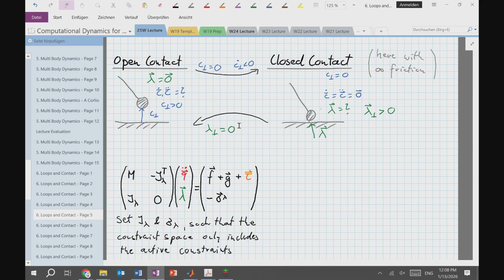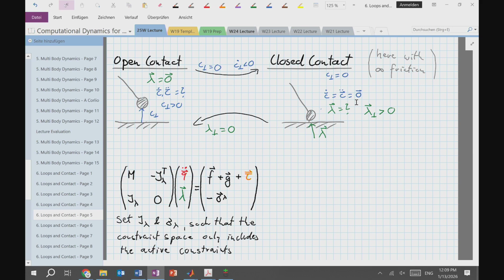Now you had a question. Sorry, about the part where you said that on the open contact the perpendicular constraint force is larger than 0, and it's equal to 0 on the closed contact. Can you re-explain this? Well, just physically, right, for a contact to remain closed, and if it's a unilateral contact, I basically have to push into the plane, right? As soon as I start pulling away, I will leave this closed contact scenario. So by just monitoring this force, which physically can never be negative, and here I'm actually saying I want it to be positive, right?